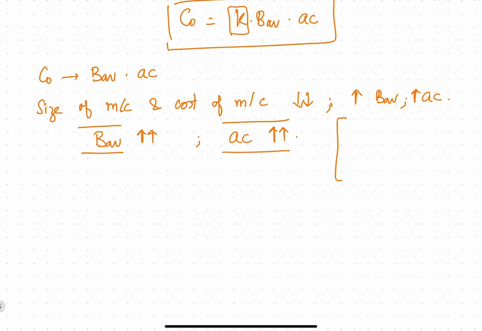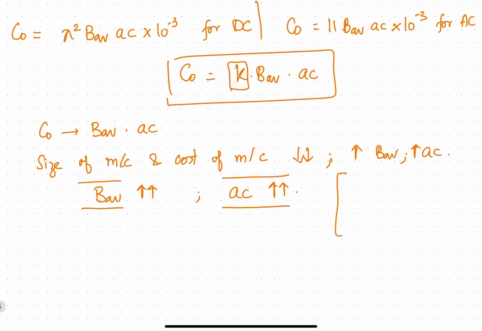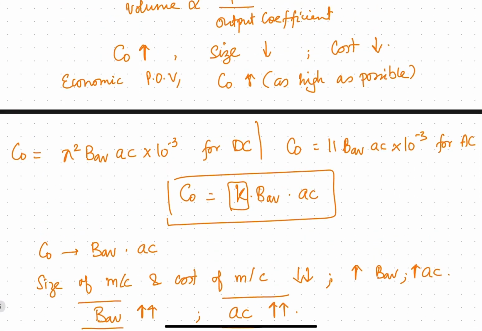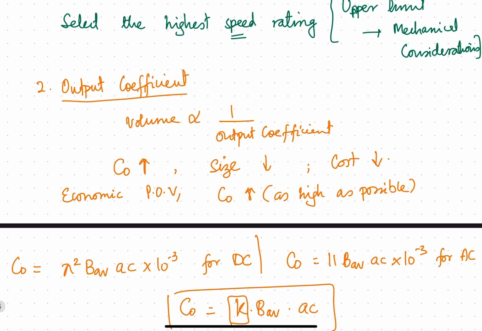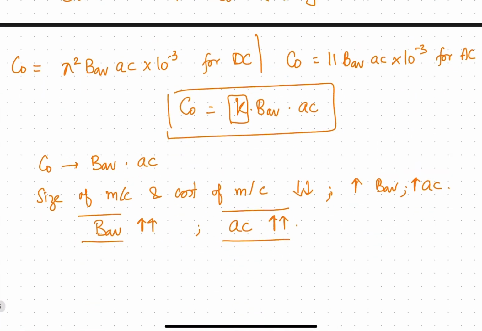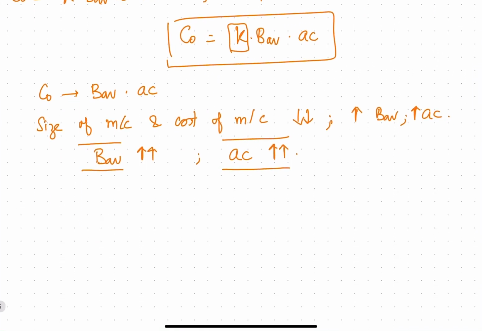These are some of the factors that the designer should keep in mind. So this is about the considerations of speed and the output coefficient in relation to the size of the machine.